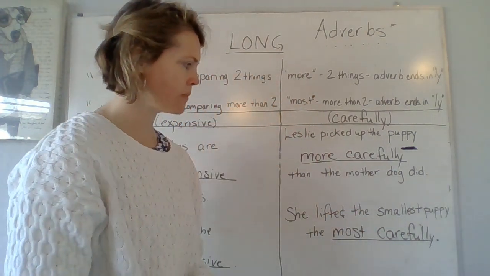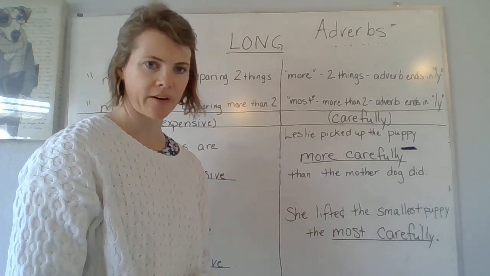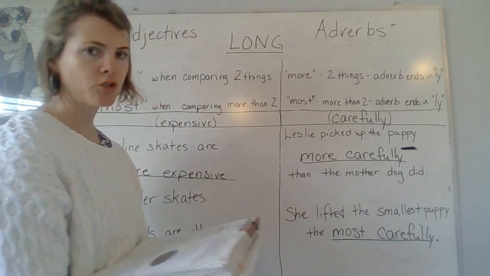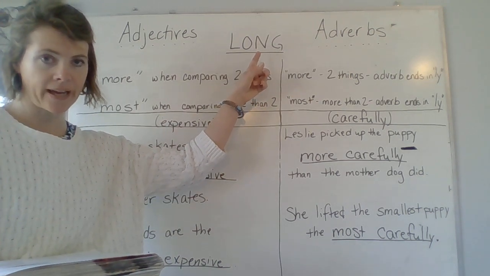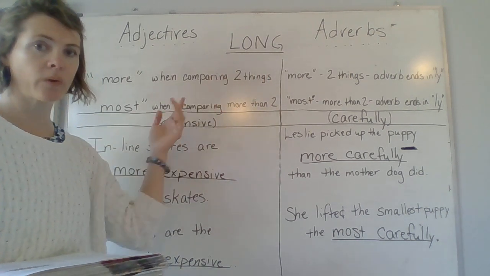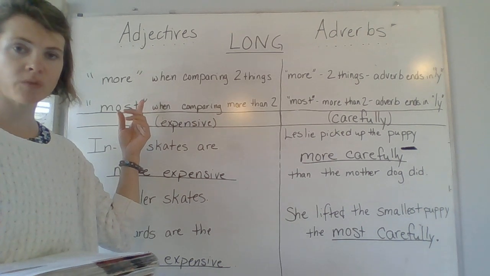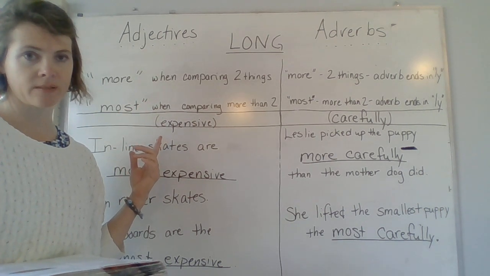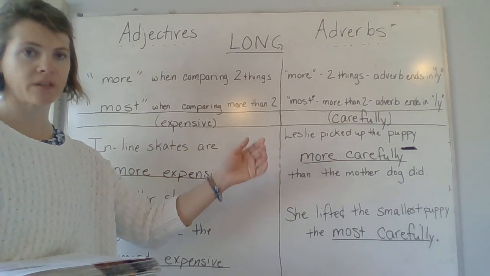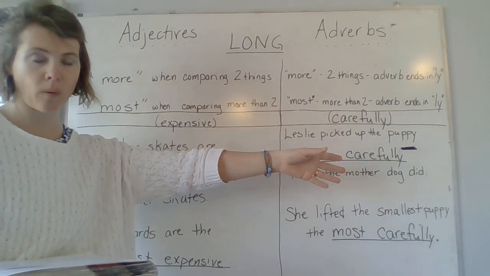She lifted the smallest puppy the most carefully. So those are your 2 rules. If it's a long adjective or a long adverb, we're going to use more if we're comparing 2 things, and most if it's comparing more than 2 things. Whether it's an adverb or an adjective, you just have to make sure that your adverb ends in ly.